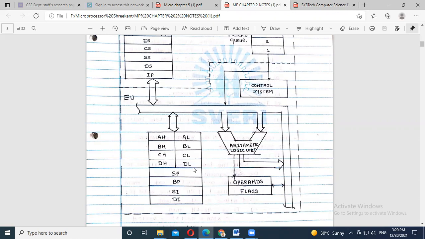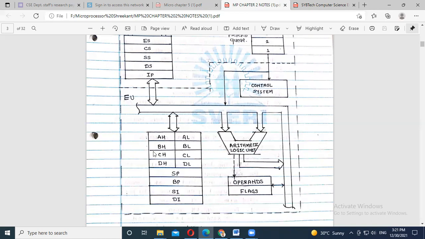In 8085 also we used A, B, C, D, E, H registers, and those are 8-bit registers. Because 8086 is a 16-bit processor, we use an 8-bit H and an 8-bit L. Here H means higher byte and L means lower byte. 8 plus 8 becomes 16. That is how we use the pairs AH and AL, BH and BL, CH and CL, DH and DL.